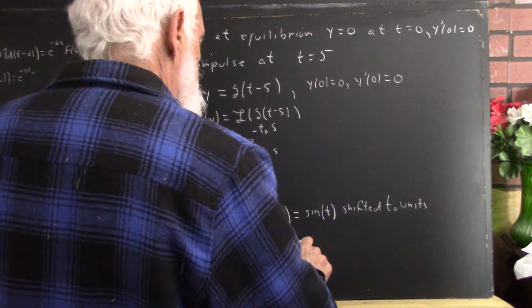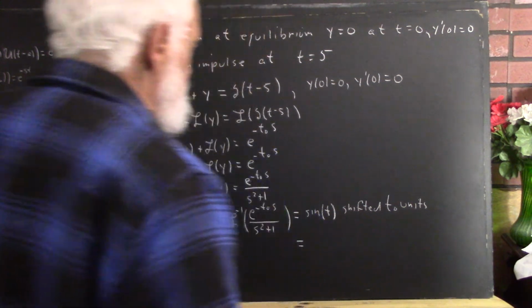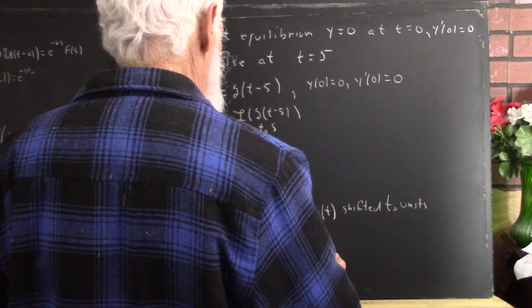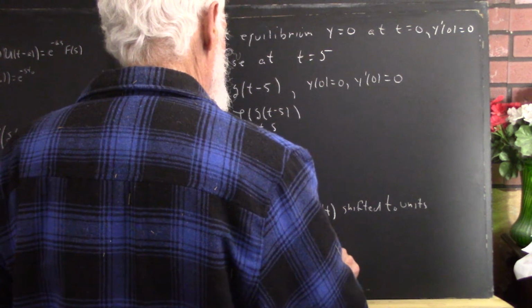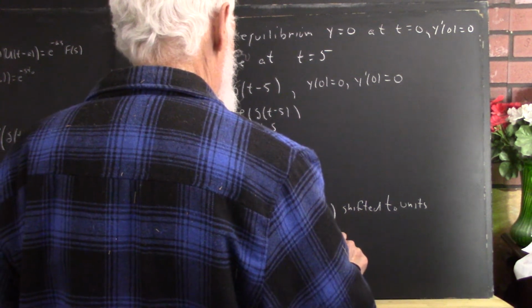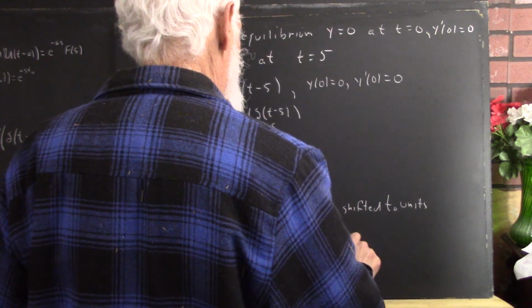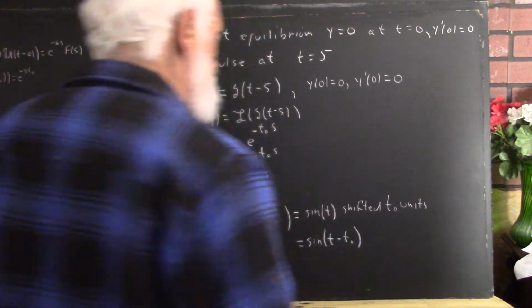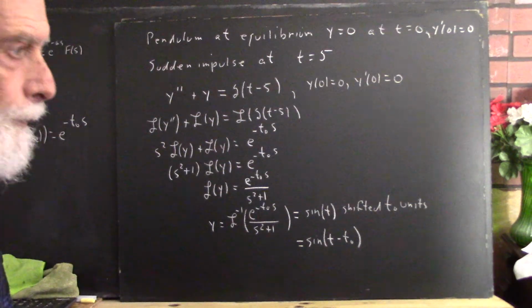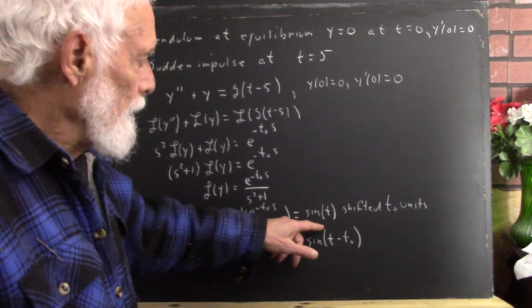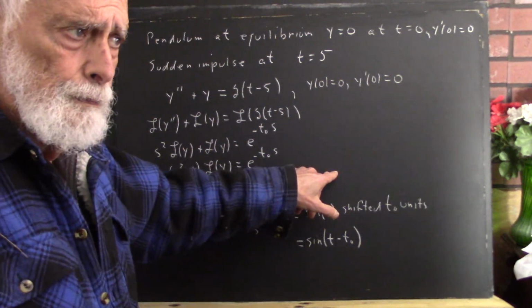That therefore equals sine of t minus t naught, but also it's the sine of t for t greater than 0.